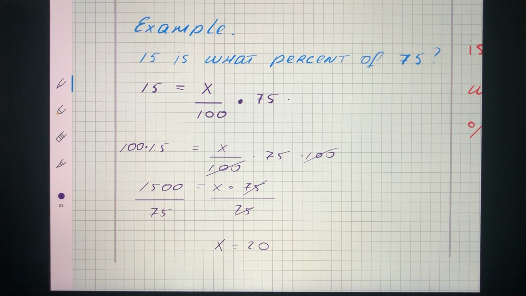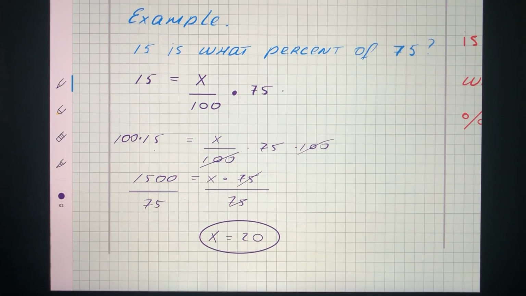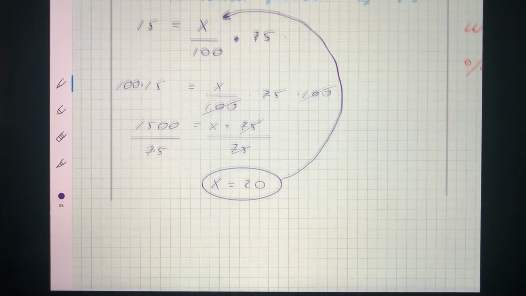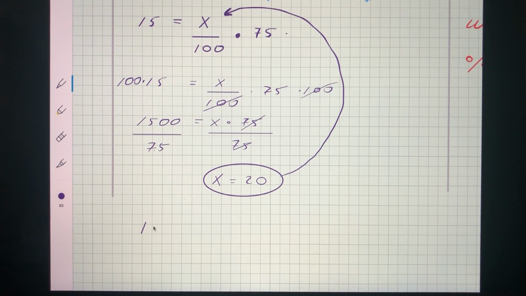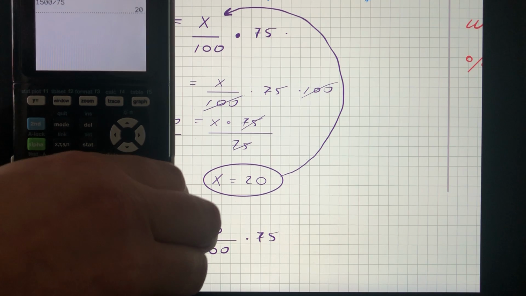Now let's see if it actually works. So we go back and we try 20 in place of the x and see if it actually works. So 15, is that equal to 20 divided by 100 times 75? We can use the calculator to type in the right side and see if it comes out to be 15.